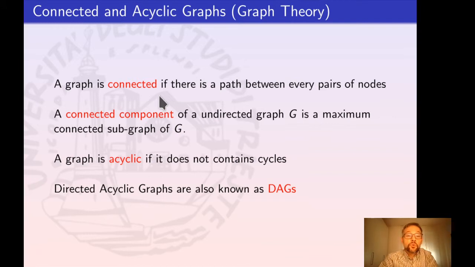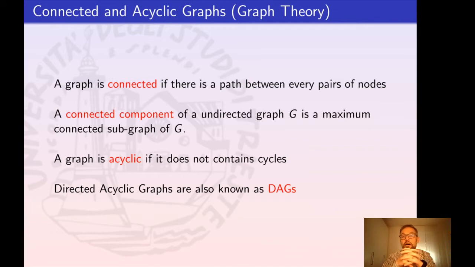A connected component of an undirected graph G is a maximal connected subgraph of G. So if you take a node, all the nodes reachable from that node, together with all the edges connected to those nodes, consist in a connected component of the undirected graph.